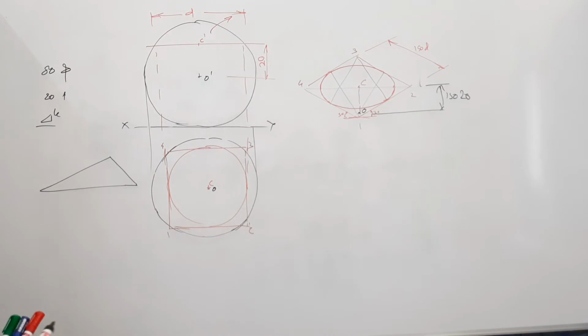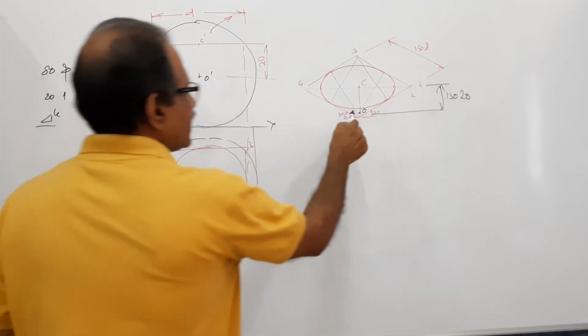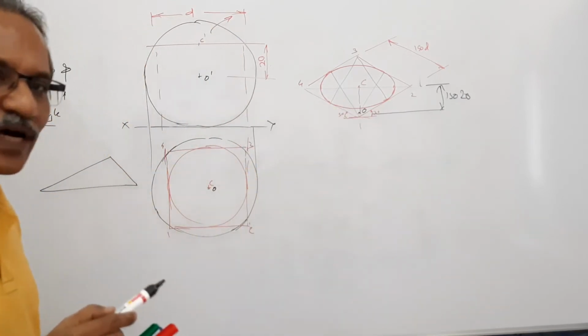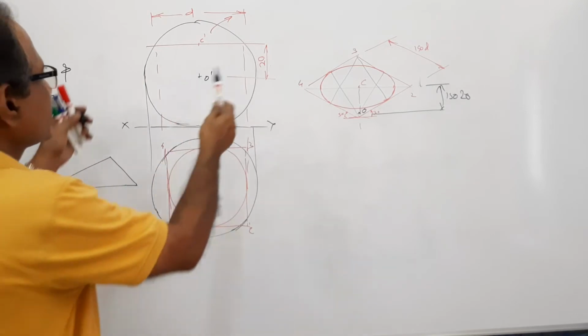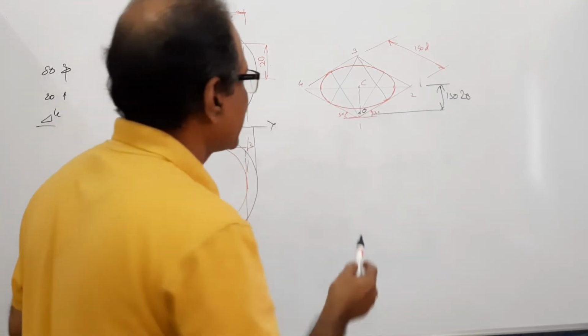Now what? O as center, and what is the radius? 40, 40 as diameter. Draw a circle.